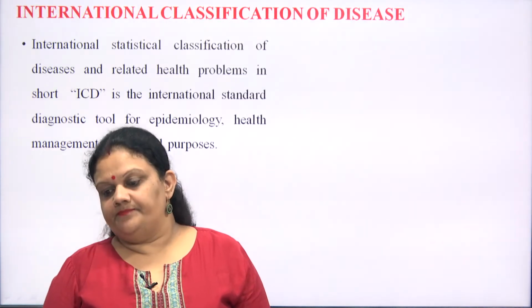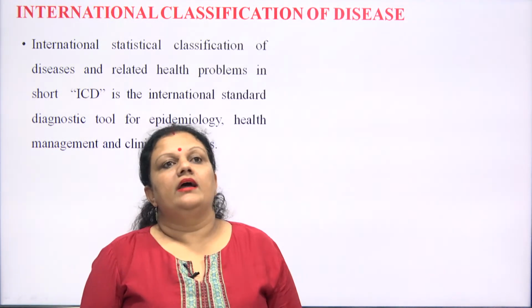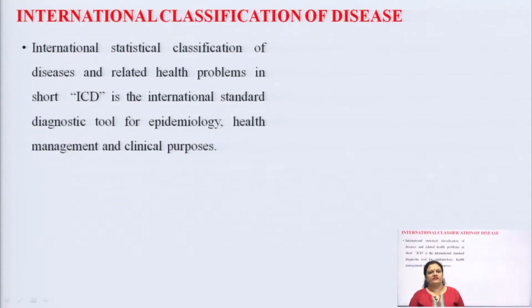So, let us start with ICD. ICD stands for International Classification of Disease. The complete name is International Statistical Classification of Disease. Can anyone tell me why we use the term statistical here? Because statistical calculation is very important.